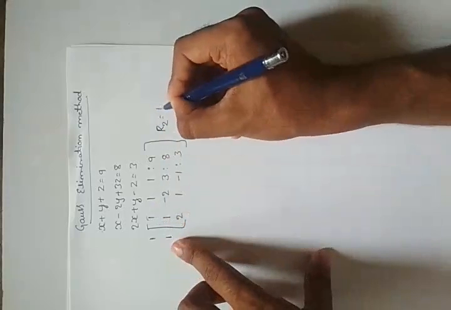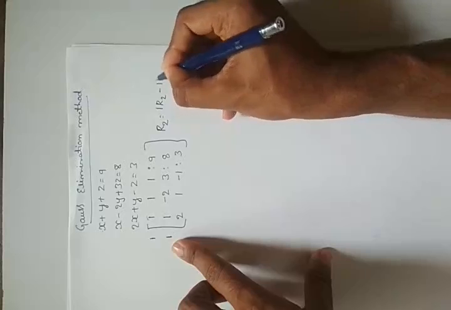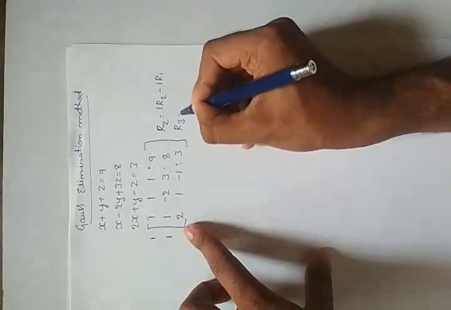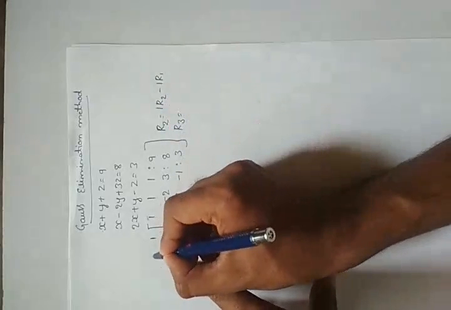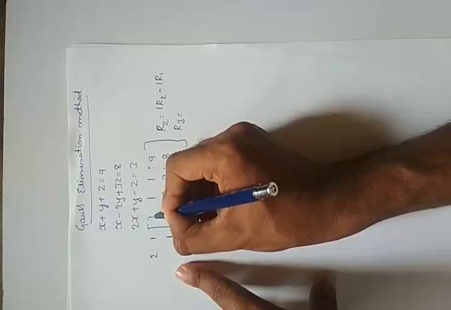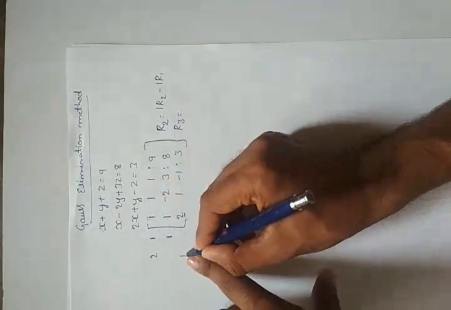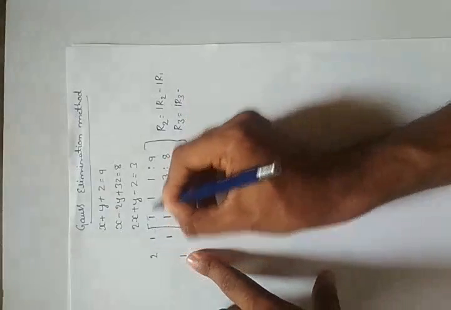So write 1 into R2 minus 1 into R1. Similarly for R3, write the starting value of the third equation and the first row value, and write 1 into R3 minus 2 into R1.